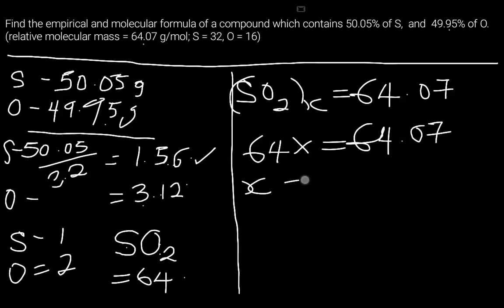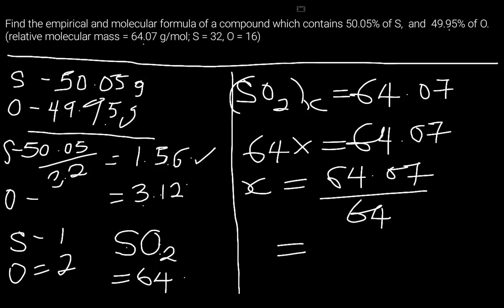So X is 64.07 divided by 64, which gives 1. If X is 1, then 1 times 1 sulfur is 1 sulfur, and 1 times 2 oxygens is 2, so SO2. This still remains our molecular formula.